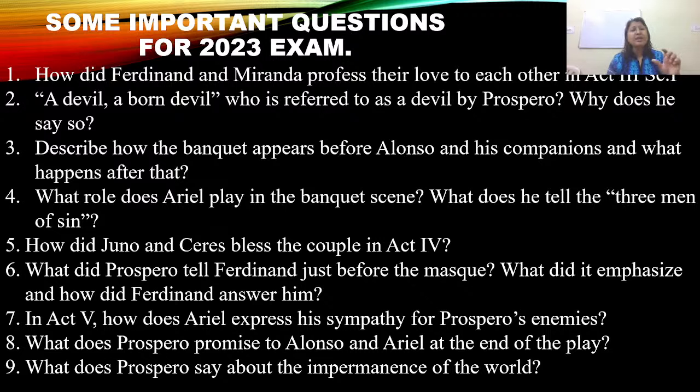Yes, you may write a line that earlier Ferdinand and Miranda had fallen in love with each other, and in the beginning of the scene, Ferdinand clearly mentions that he has accepted this task of piling the logs of wood, though it is very mean for him to do, just for the sake of Miranda, as he deeply loves her. So from this we come to know that Ferdinand is in deep love with Miranda. And then of course, Miranda comes over there.